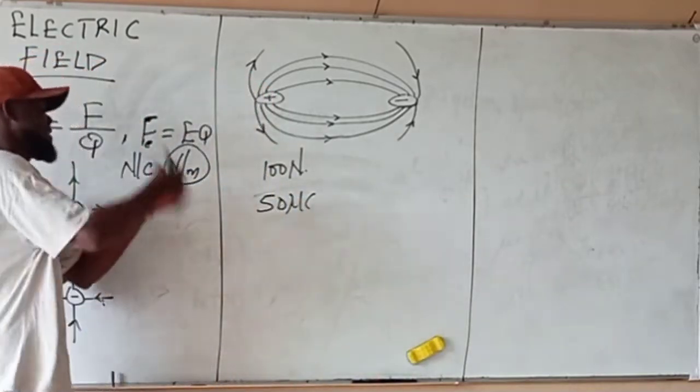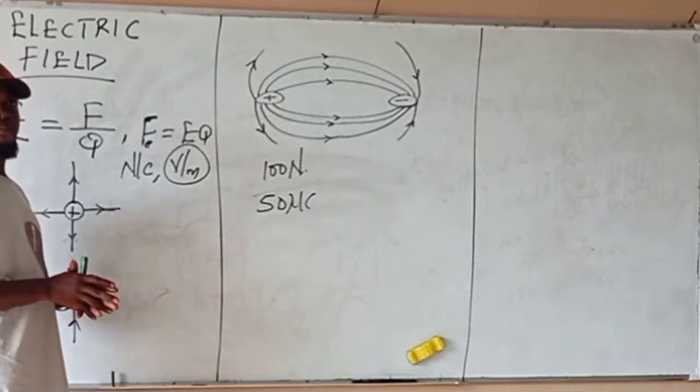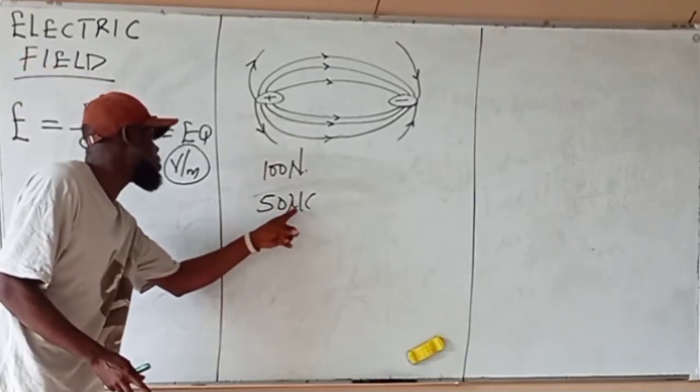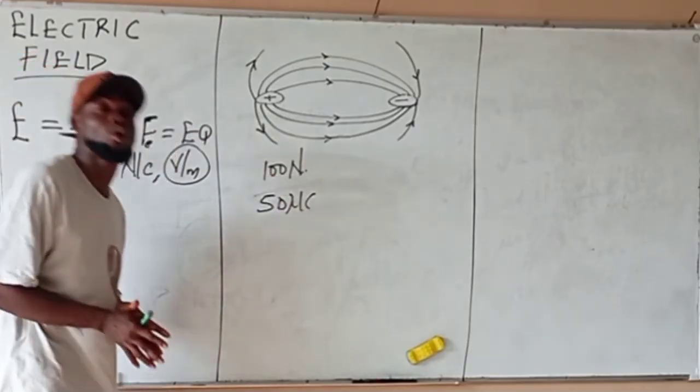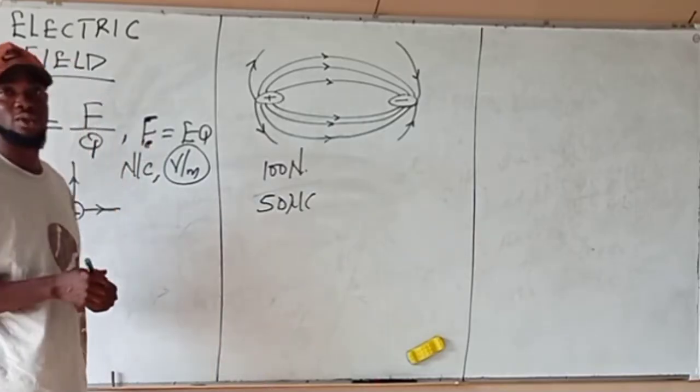We are trying to obtain the electric field intensity when a charge of 50 microcoulomb experiences a force of 100 newtons in this field we are talking about.